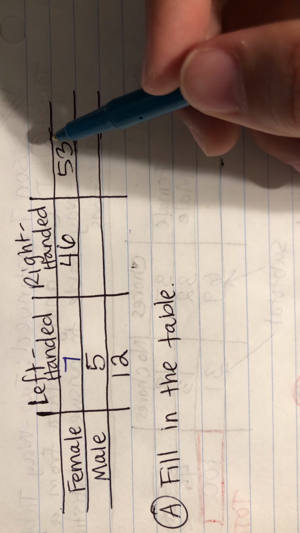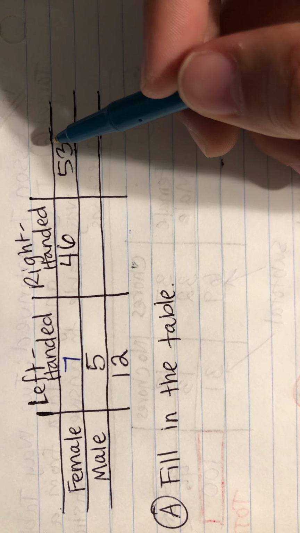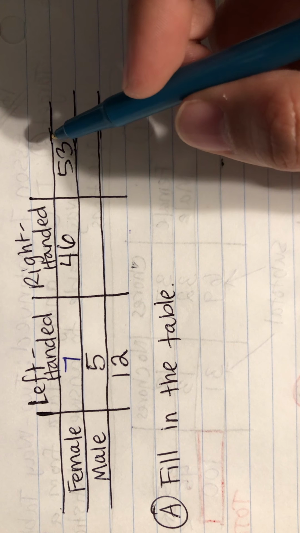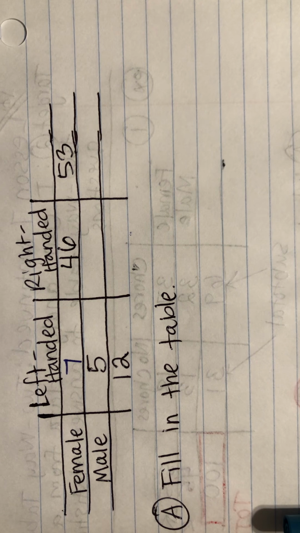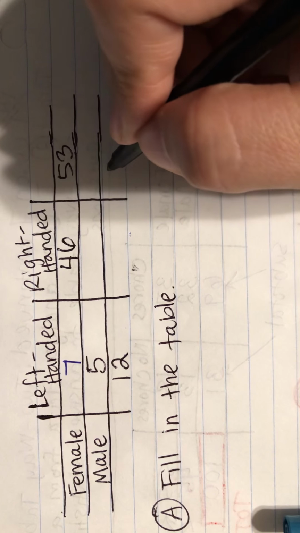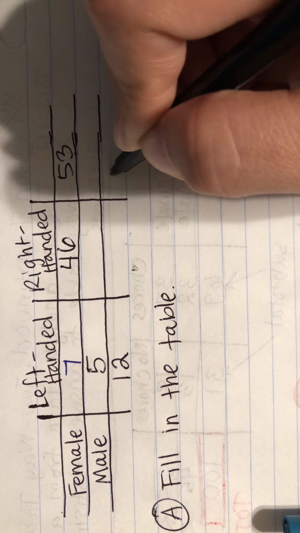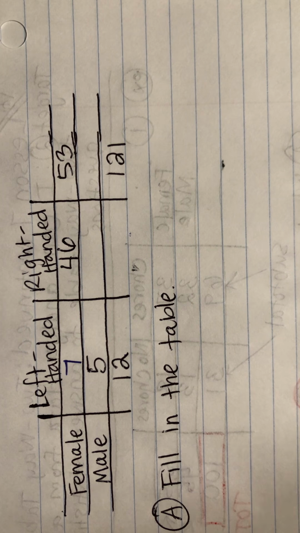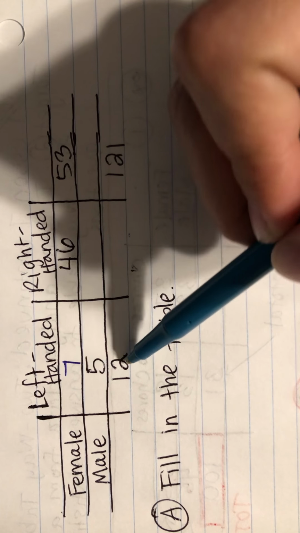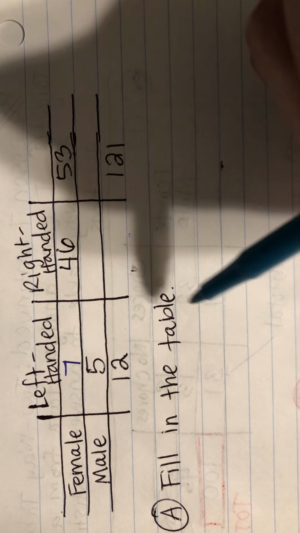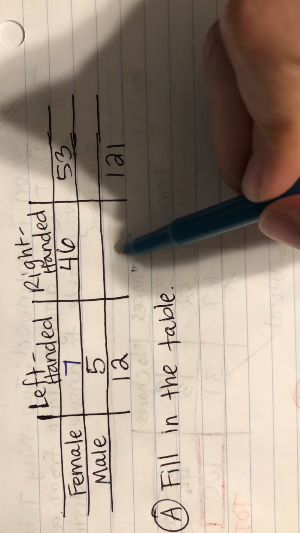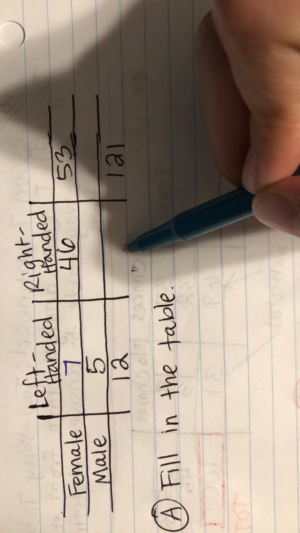But what we can do is, oh, I forgot to write down a number. You're also given that the total is 121. Forgot to write that one down. Okay. So 7 plus 5 is 12, so that's how we got that 7. This 121 is going to help us get this subtotal of right-handed people and this subtotal of males.